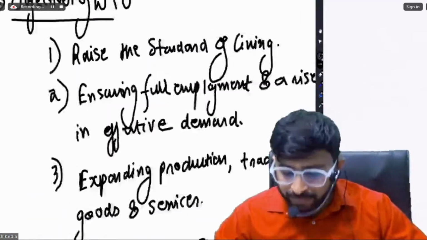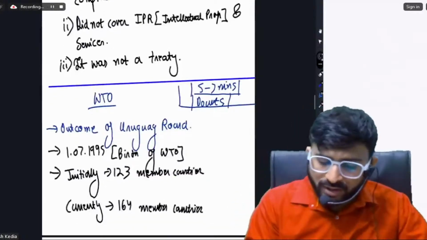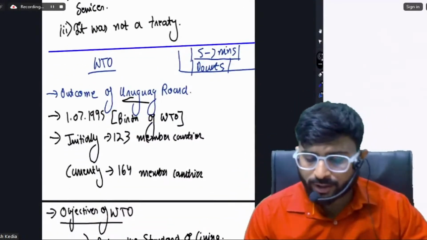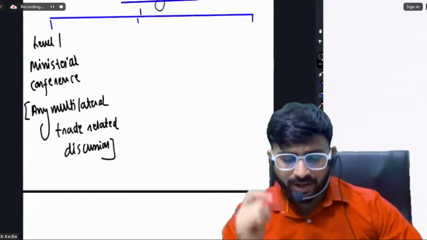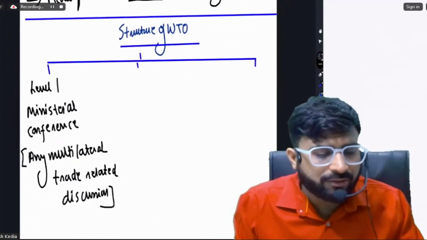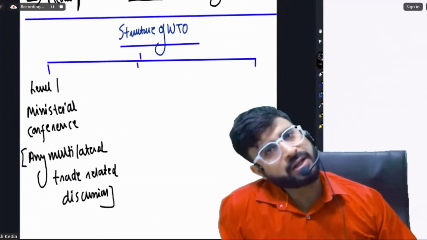Remember, the meeting for WTO formation was held in Uruguay, but its headquarter is in Geneva, Switzerland. Okay. So structure of WTO is level 1 ministerial conference. Understood everybody?